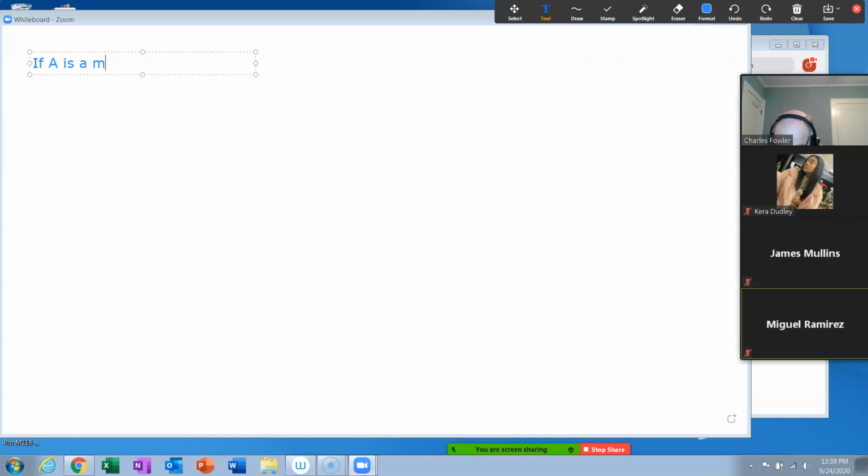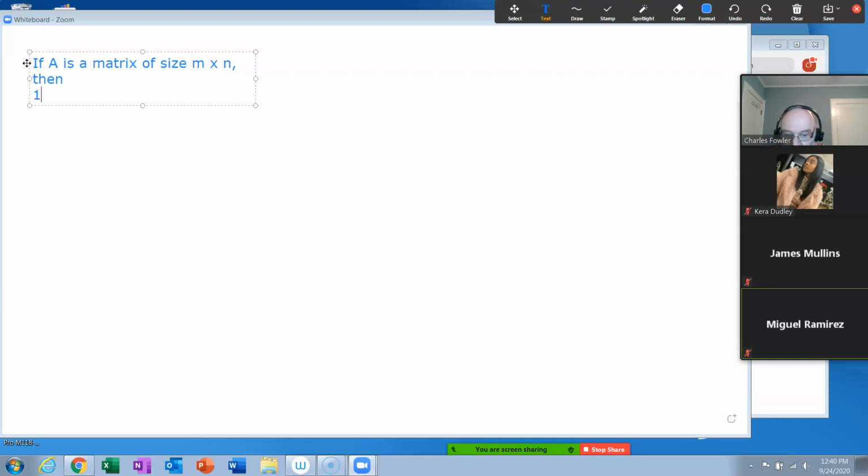If A is a matrix of size M by N, then the following are true. I'll just leave that blank.